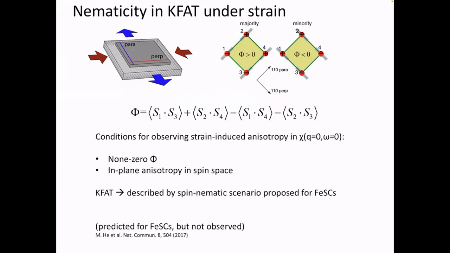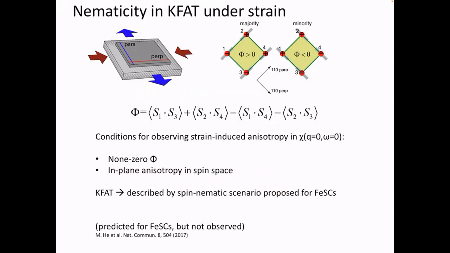Our observation of this susceptibility anisotropy shows that there's a non-zero order parameter phi. In addition, to observe this anisotropy in susceptibility, we need an anisotropy in spin space. So all of these points to the spin nematic scenario proposed for the iron-based superconductors providing a reasonable description of the nematic state that we see in this KFAT material.